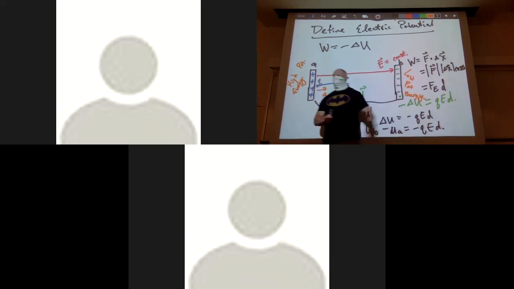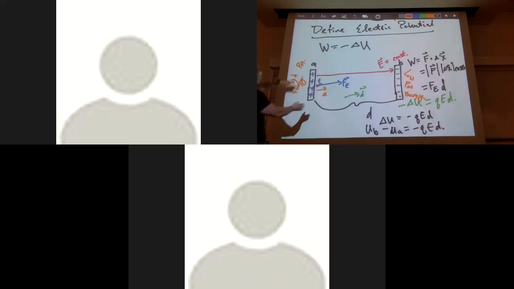That's my potential energy. So the other thing we learned from here is, as long as E is equal to a constant, then the potential energy is equal to the charge times the electric field times the distance, which is the same thing as the electric force times the distance. This is my potential energy. Let's call this the electric potential energy.